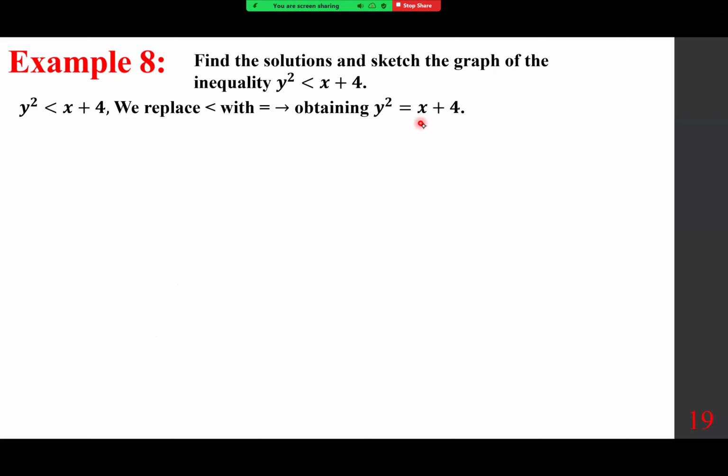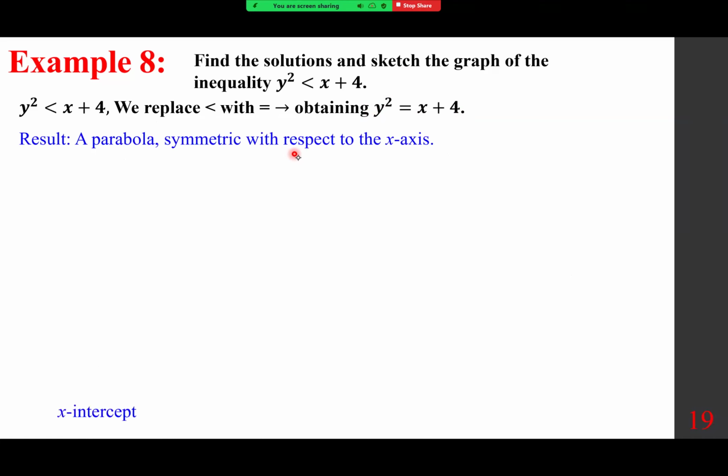We're going to discuss this with more details in a later chapter, but you probably remember this from intermediate algebra as a parabola that opens sideways because y has an exponent, and because the coefficient of y is positive, it opens to the right. So if you were to graph it, it results in a parabola symmetric with respect to the x-axis.